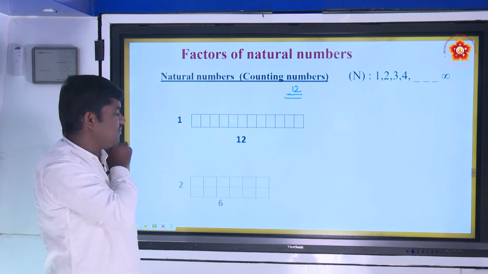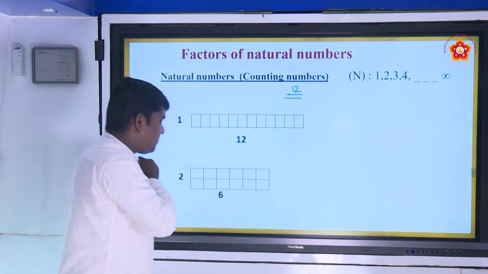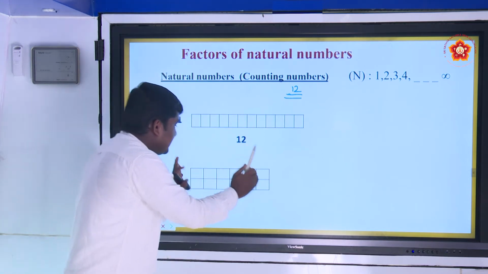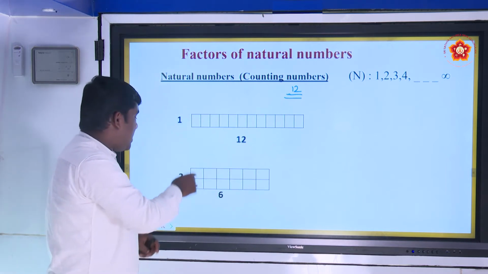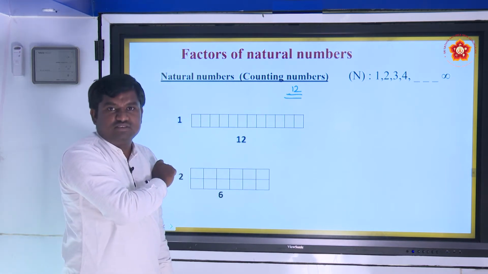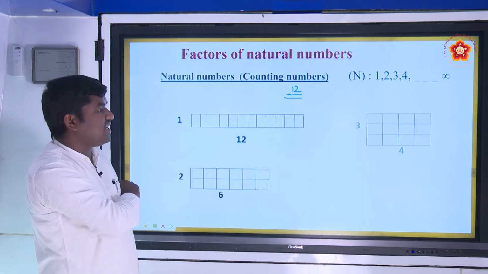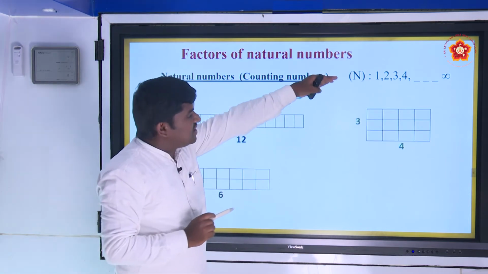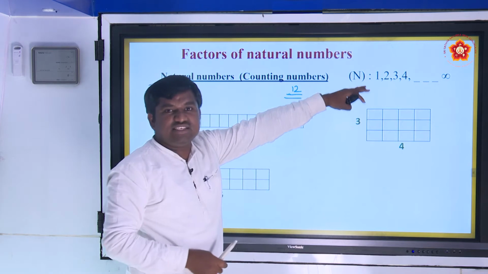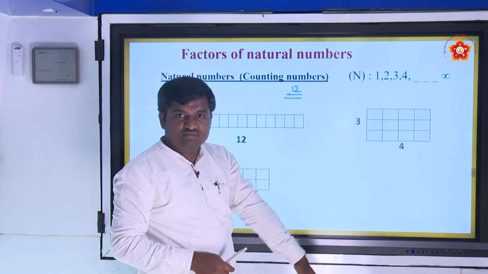This is one type. Next, second way, in 6 boxes, I will arrange this in 2 rows. This is also possible. Next, suppose in 4 boxes, I will arrange this in 3 rows.